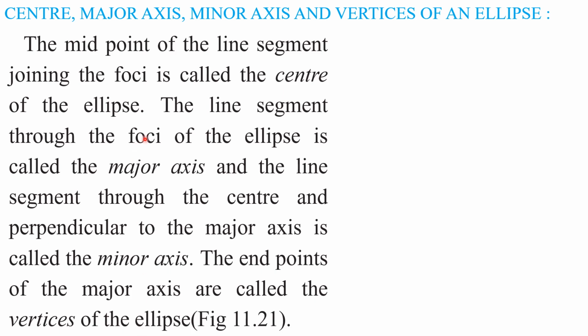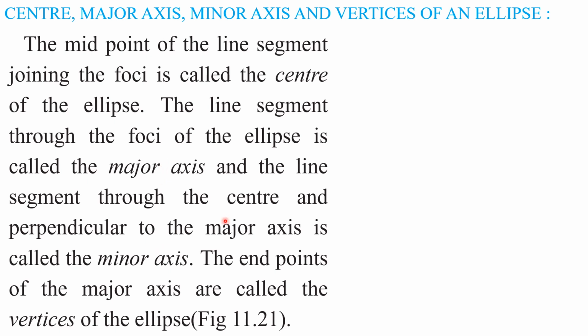What is meant by center? Center is nothing but the midpoint of the line segment joining the foci. The major axis of an ellipse is nothing but the line segment through the foci of the ellipse. Now come to the minor axis.